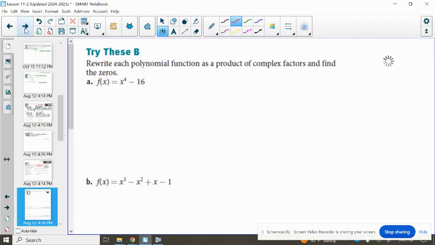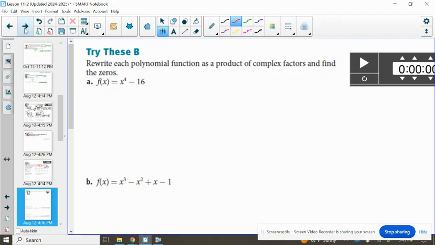So if we see at the top of page 147, again, we have a couple more of these examples. So this first one is asking us to factor. So notice this is actually a difference of 2 squares. x squared minus 4 would be our a and our b values, and then x squared plus 4.